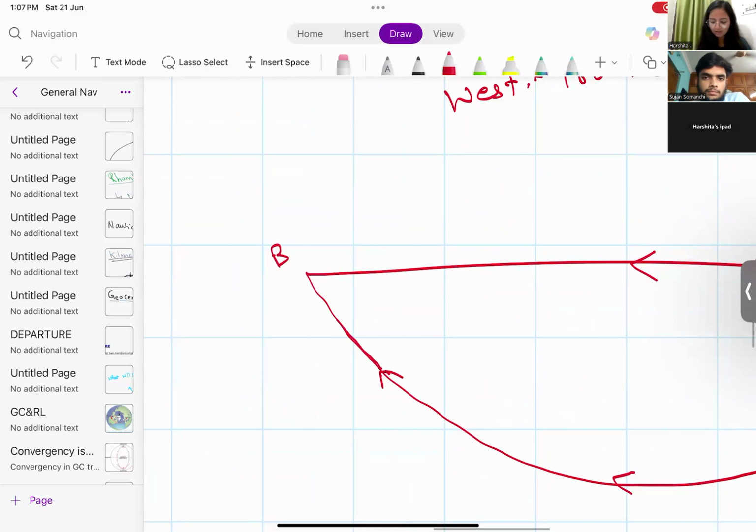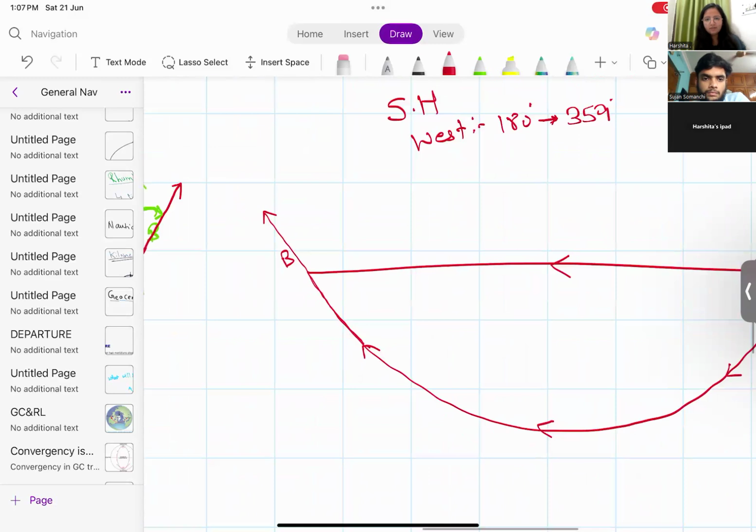Just extend this line and you will understand which angle is which one. This is my direction at B. Let's make a note and calculate this angle. This is my angle at B. What is the angle? The GC final, the great circle final track, the great circle bearing at point B.